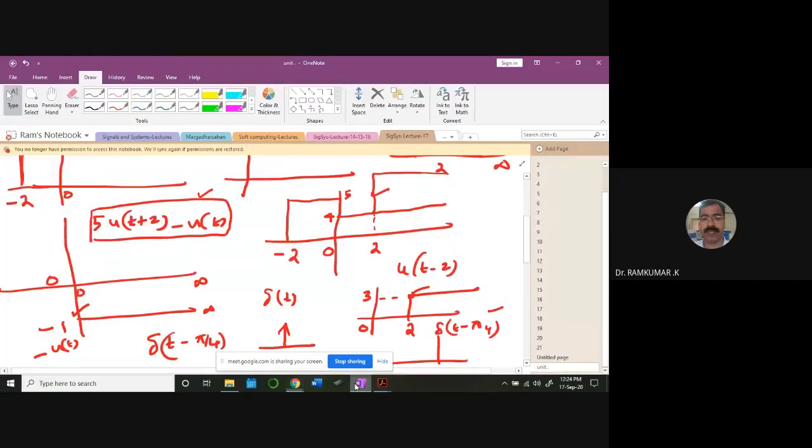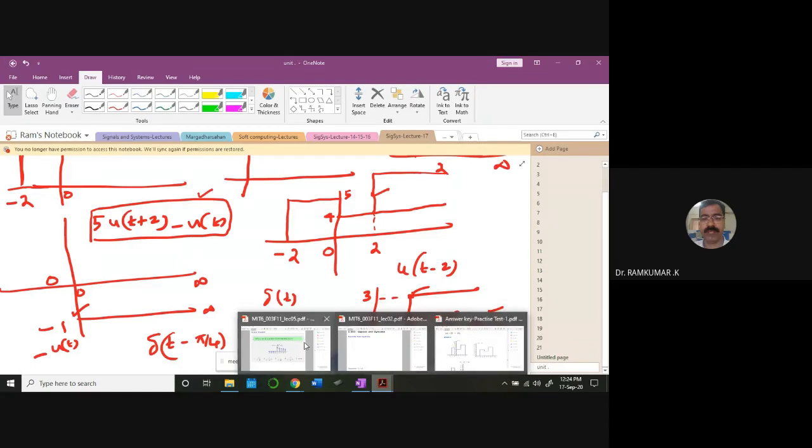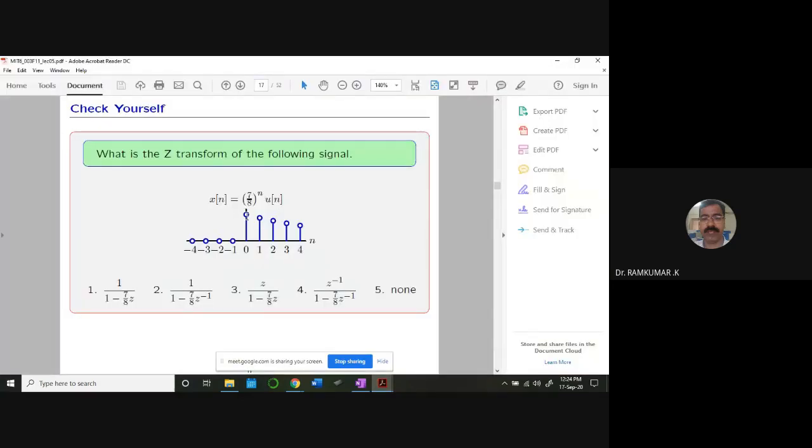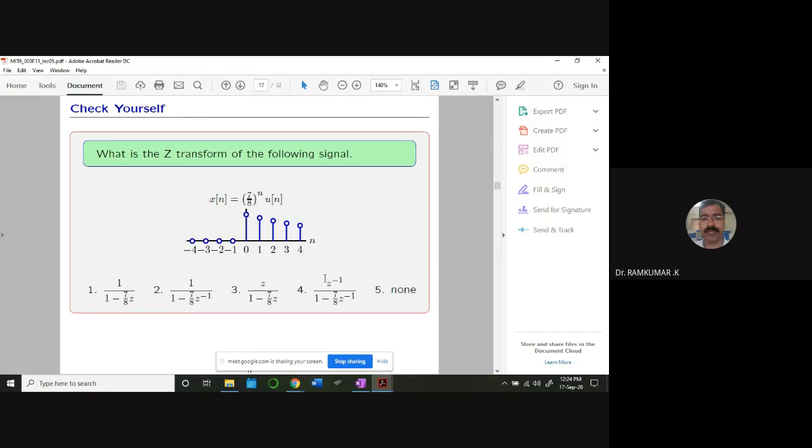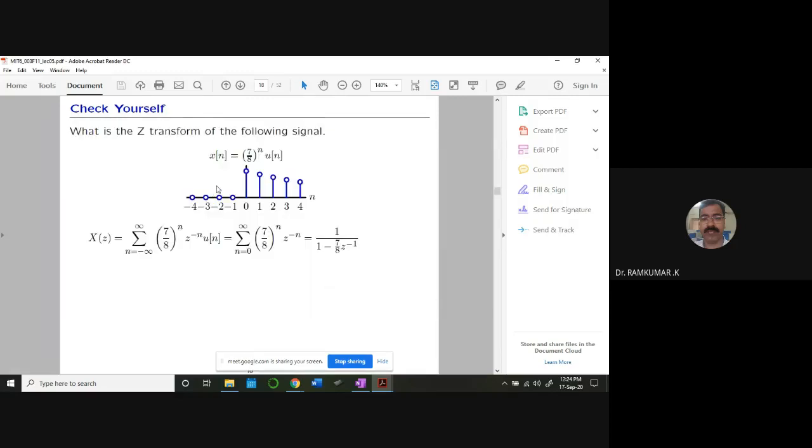Okay, so look at this. These are all the samples you have. Simply plug in 7 by 8 power n into this expression, z power minus n, so easily you can get the answer. Look at this: 7 by 8 power n, z power minus n, u of n. That's the signal, so we can write this as 7 by 8 power n z power minus n.